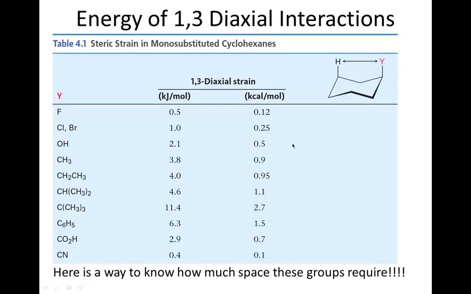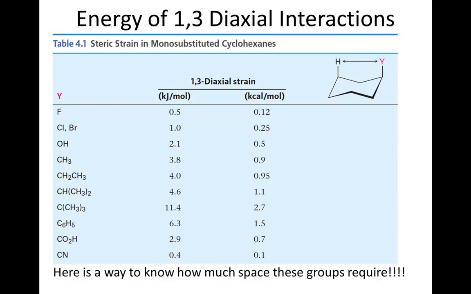So we can use this information to figure out how much space things take up. And so this is a table that's in your book of how much energy it takes to cause a ring with various groups on it. We're going to just label these groups Y, okay? With all these different groups on it, how much energy does it take to flip this ring?